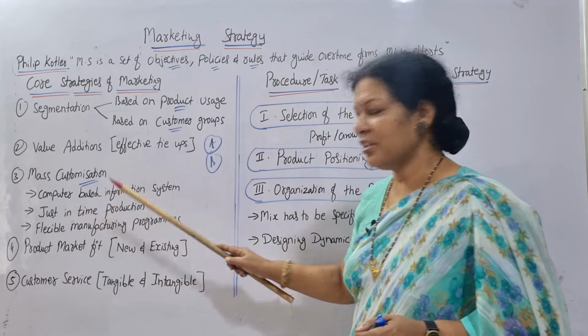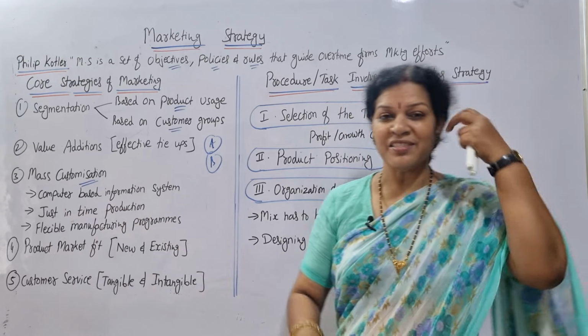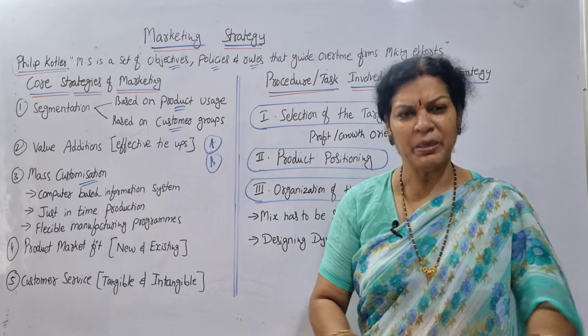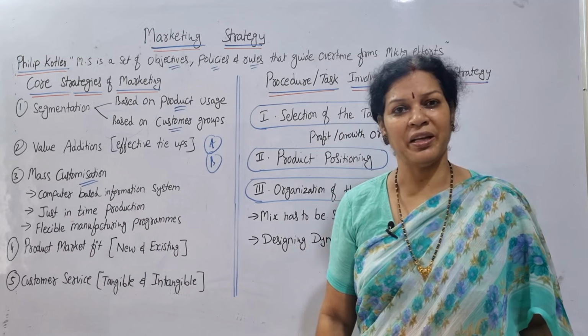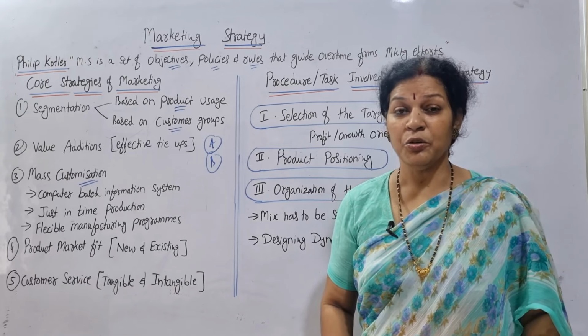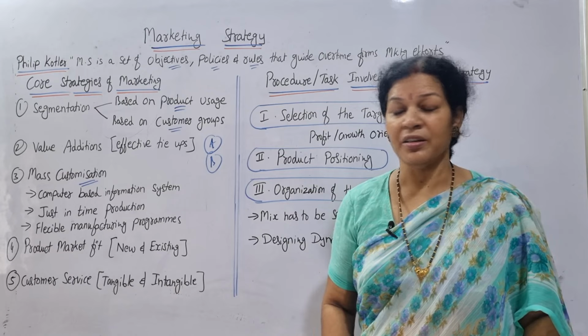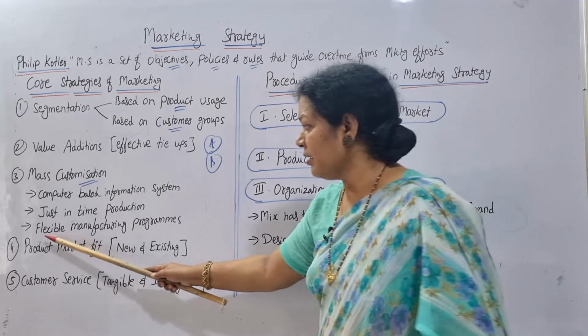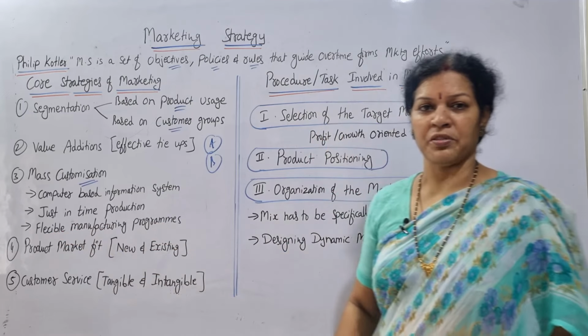Second one is just-in-time production. As the customer says, I want this kind of customization, just in time, immediately we will do that. We will arrange it. We will give the services. Within no time, your services will be provided. So that is just-in-time production. In the same way, flexible manufacturing programs.